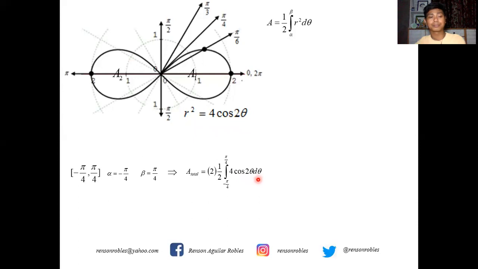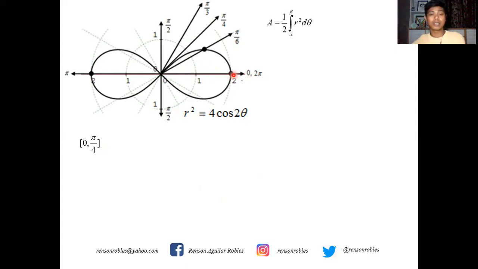And then if you want to do it from 0 to pi over 4, so this is your 0, and this is your pi over 4. So we are dividing the entire region into 4 equal subregions, namely A1, A2, A3, A4. So you have alpha equals 0, this angle, and beta is pi over 4. So we are evaluating the limit from 0 to pi over 4.